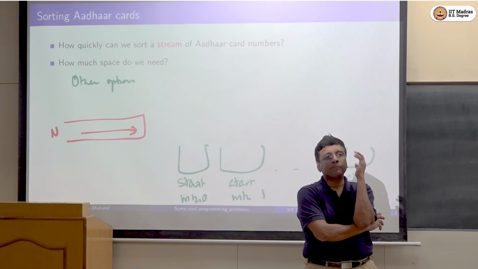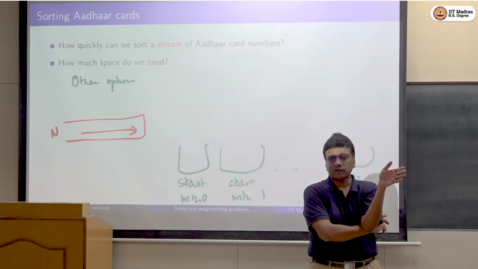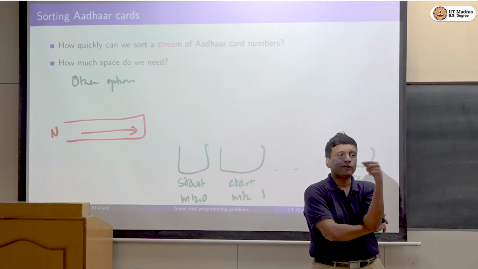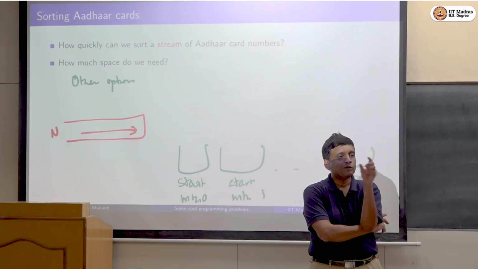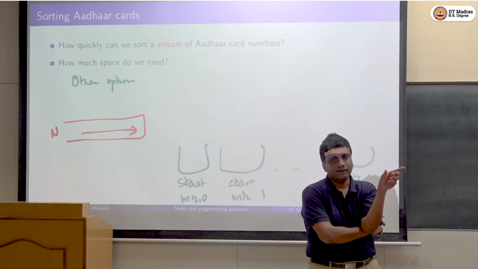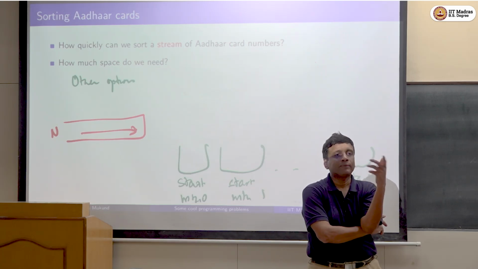You can bucket them into those which start with 0, those who start with 1, those who start with 2, and so on. And then for each of them, now you know the first digit is the same. So you have to sort 11 digits. And you can do the same thing and so on.